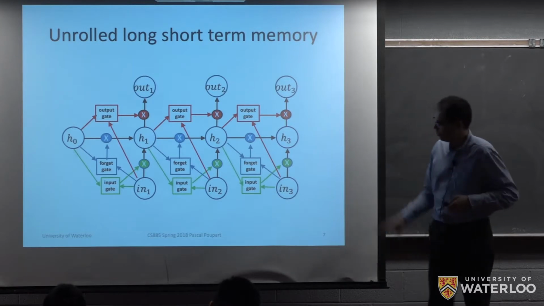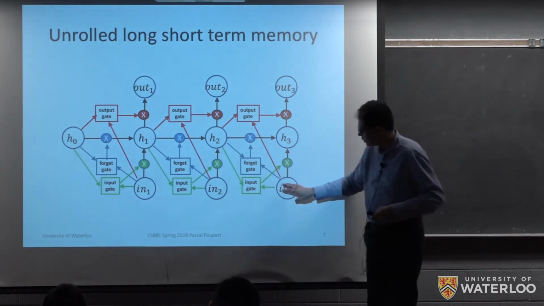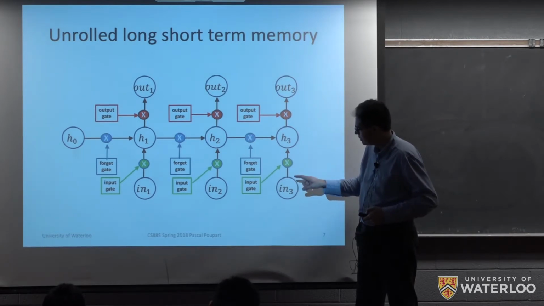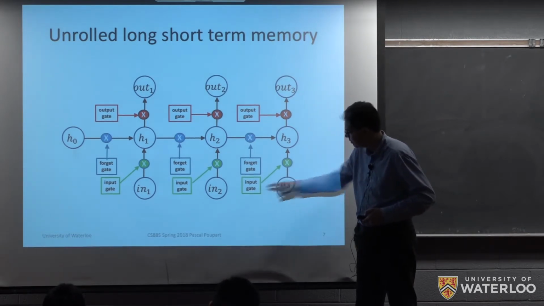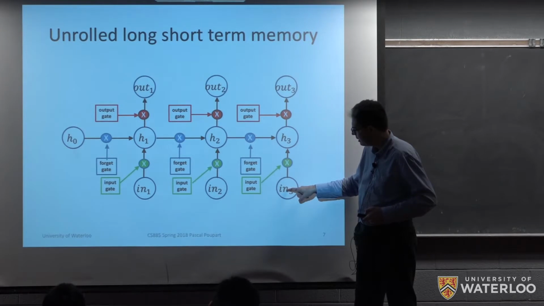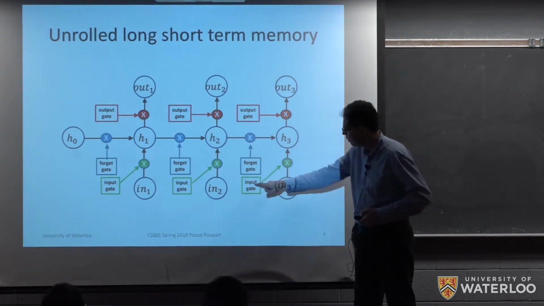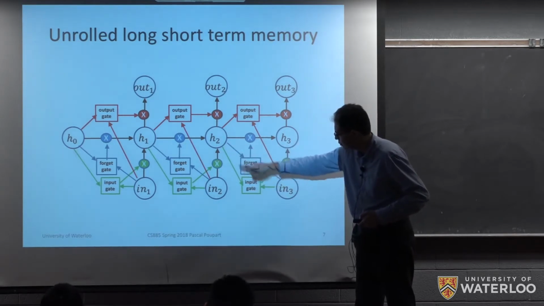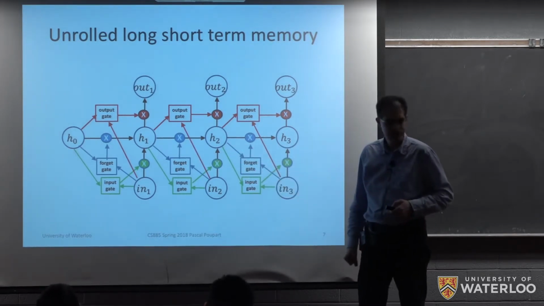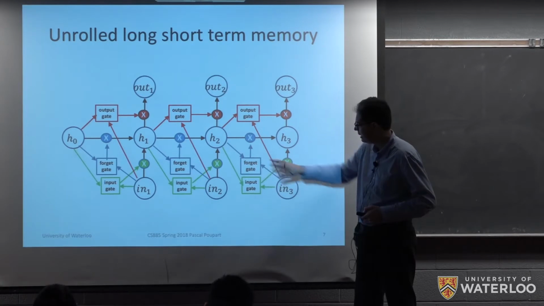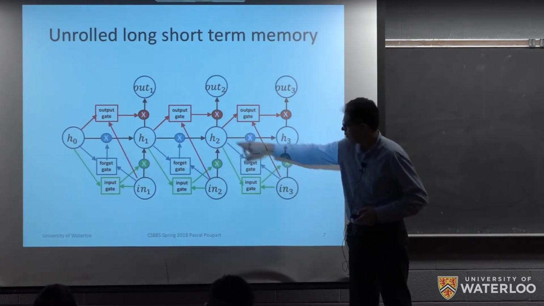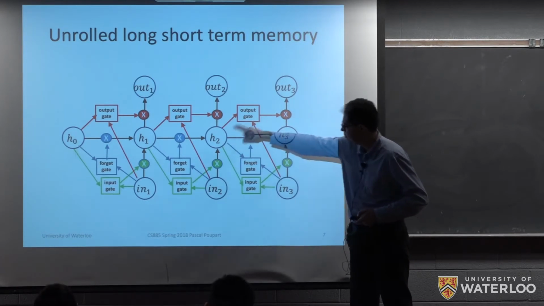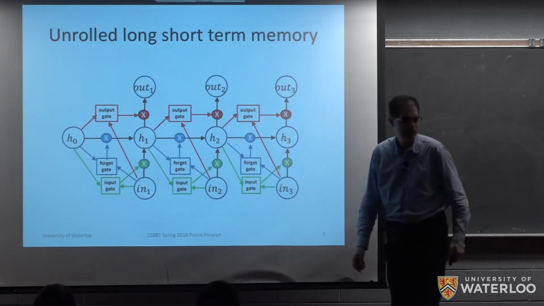Okay, so all these additional arcs essentially show that this is what I had before, and now for instance if I want to know what goes into this input gate, it will be this input unit as well as this hidden unit. So that's why I now have two green arcs that go in. Same thing for the forget gate: I'm going to have this input as well as the previous hidden unit, and same thing for the output gate. I'm going to have the input and the previous hidden unit.